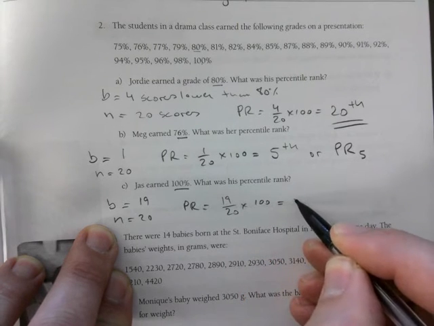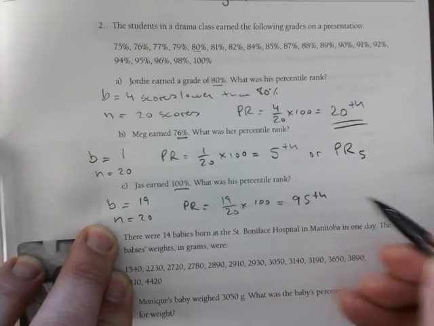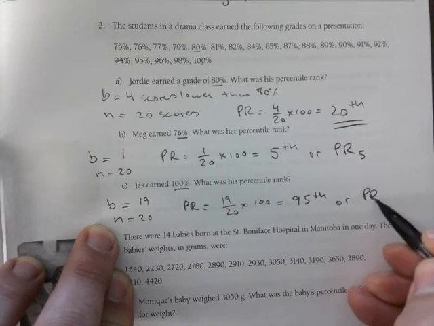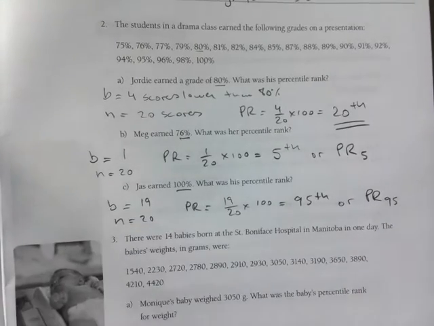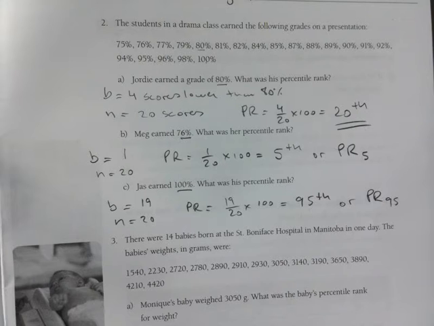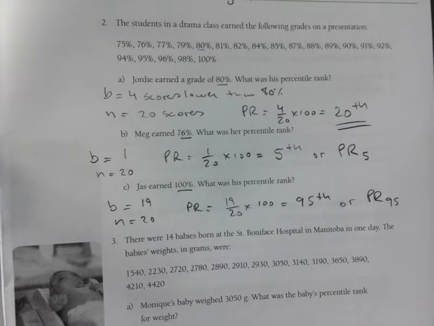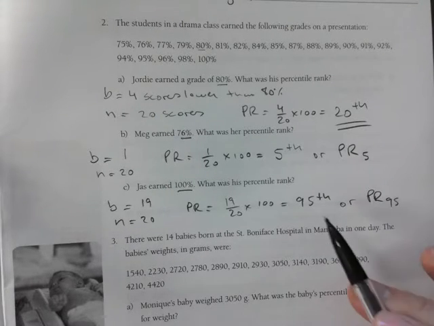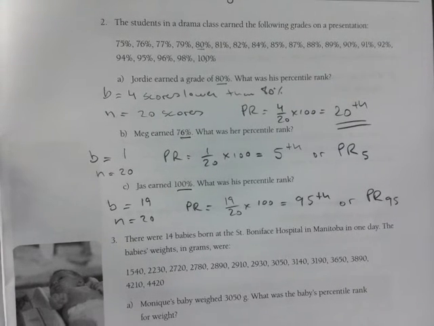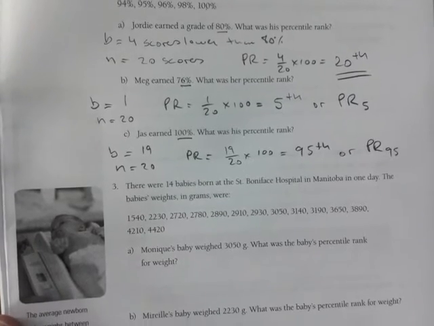In this case, it's 95th percentile or PR 95. So 95% of students scored less than Jas or scored less than 100%. Because remember, percentile rank makes it out of a class of 100. If there would be 100 people in this consistency state, 95% would be doing less, scoring less.